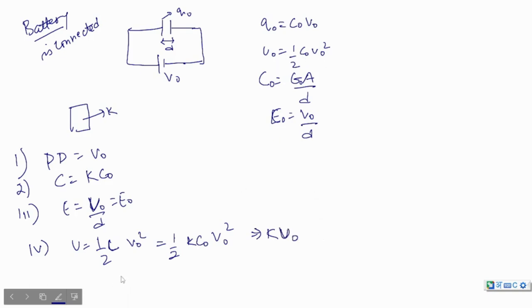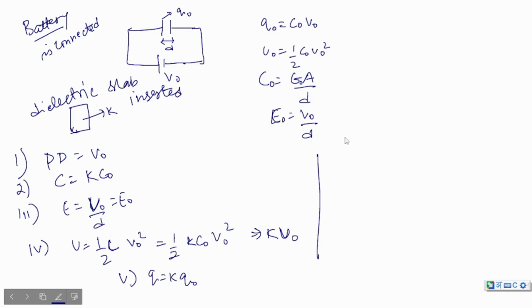And charge will be Q is equal to K Q naught. This is the case when a dielectric slab is inserted. The second case is plate separation is increased.